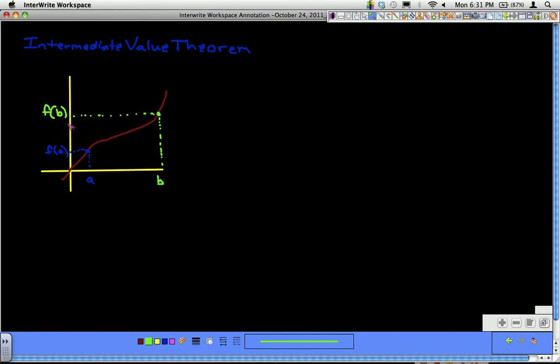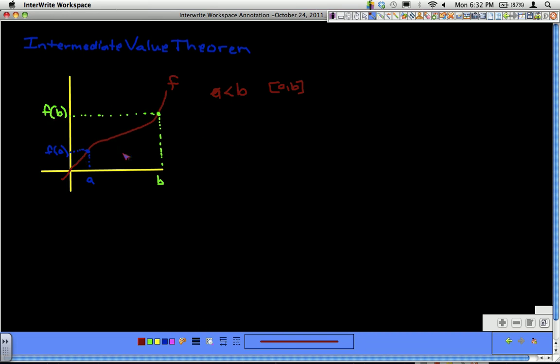Now, one thing that's going to come out of all this, obviously we're stating that in this particular problem, a is less than b. Now, if that's the case, that means somewhere in the interval from a to b, the function, in this case we'll just call our function f, takes on all values between f of a and f of b.